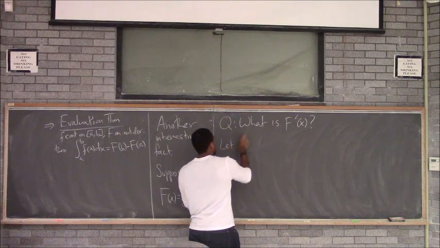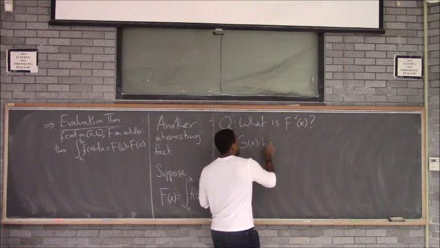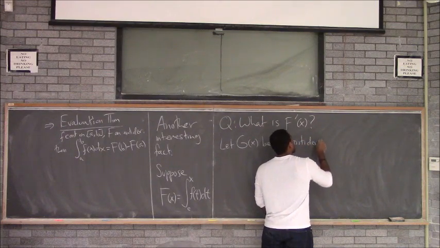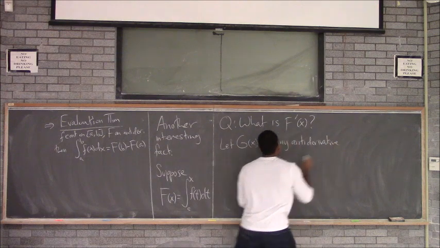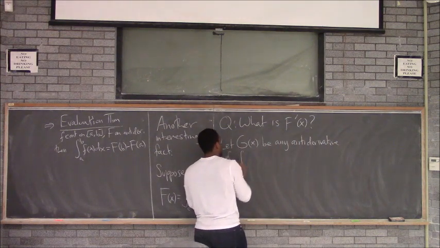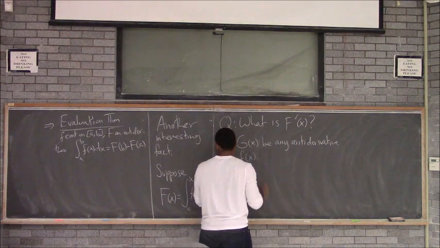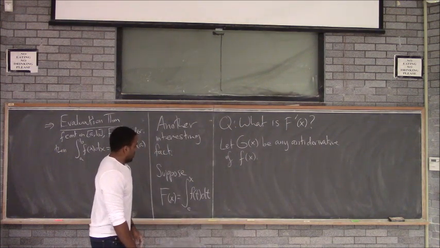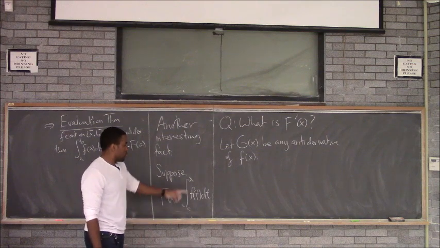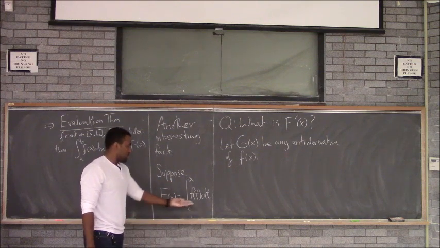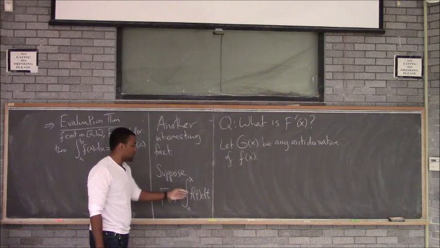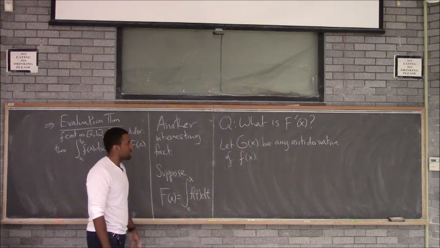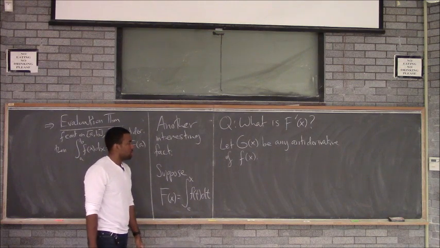Let big G of x be any antiderivative of f. I am going to assume this is something that can actually be computed, meaning the integral of f of x makes sense. So there is some antiderivative for this guy. Let's call him big G.